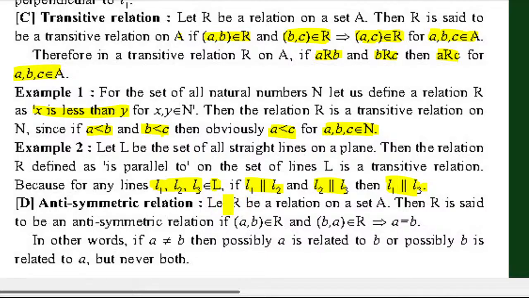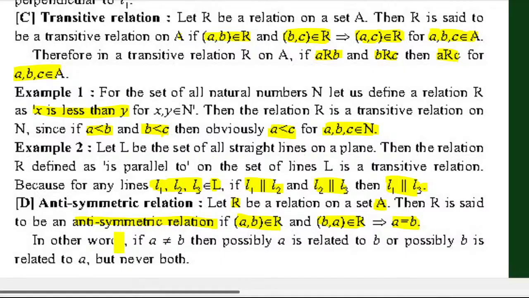Let R be a relation on set A. Then R is said to be an anti-symmetric relation if (a, b) belongs to R and (b, a) belongs to R, then a and b are equal. So when (a, b) belongs to R and (b, a) belongs to R, a and b must be equal.